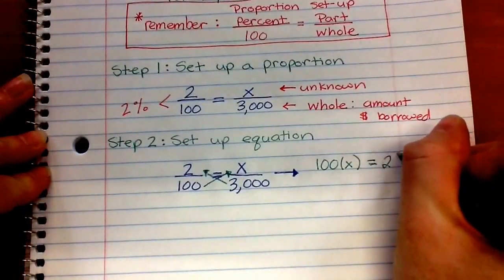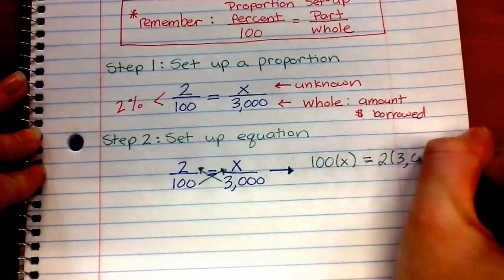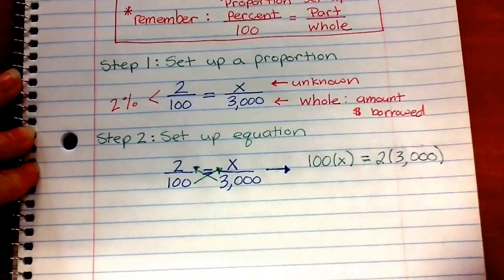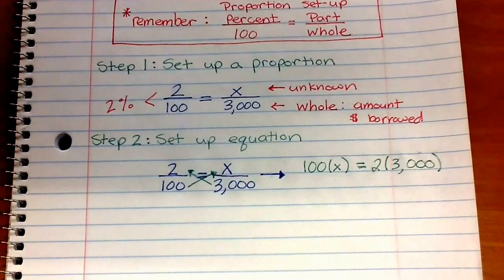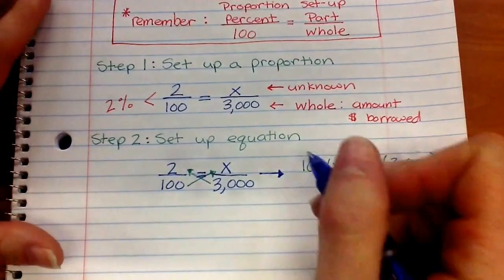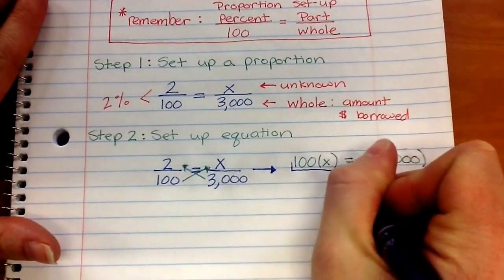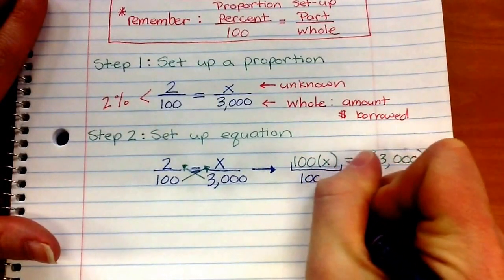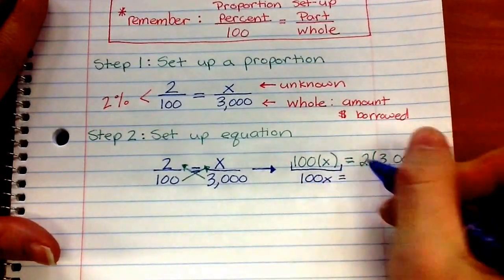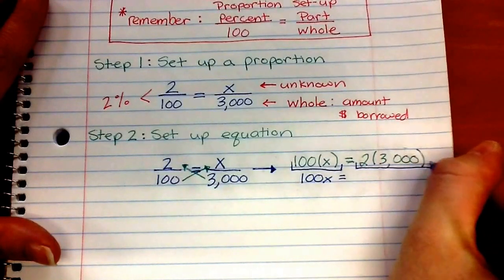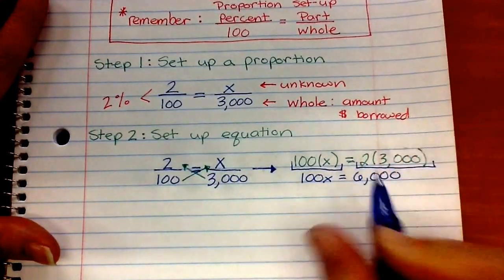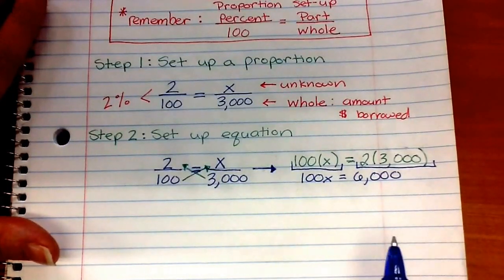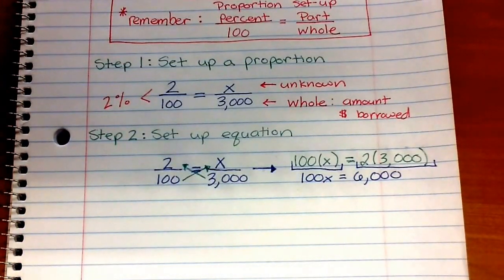So now I simplify this equation. So 100 times x is 100x, and 2 times 3,000 is 6,000. And now I have an equation I can actually solve, which leads us to our next step.